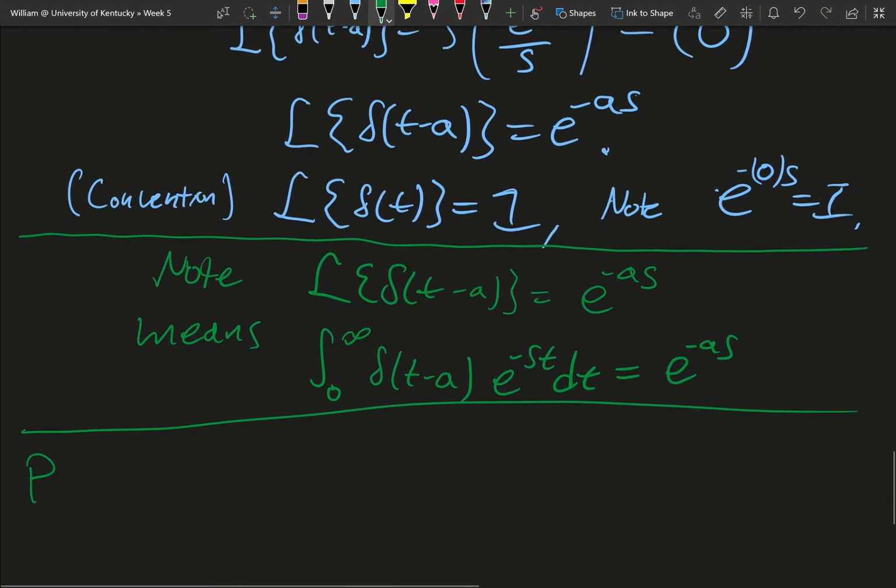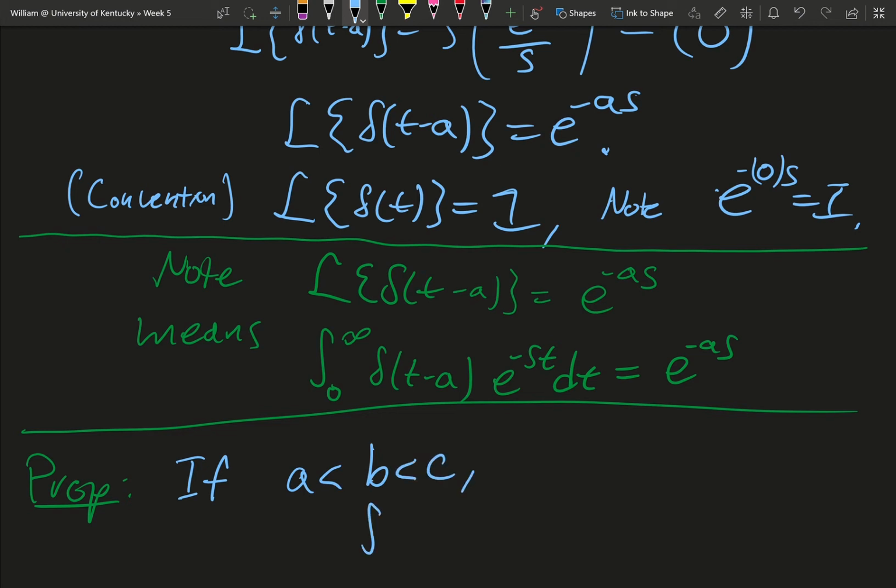In fact, this is a property of the delta function. So if you have a less than b less than c, oh, nope, that should be c and that should be b. Then this integral is equal to f of b.